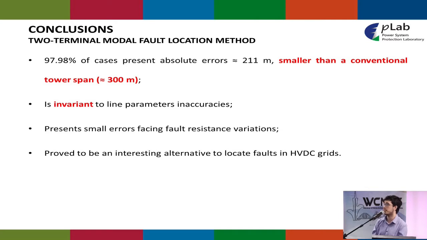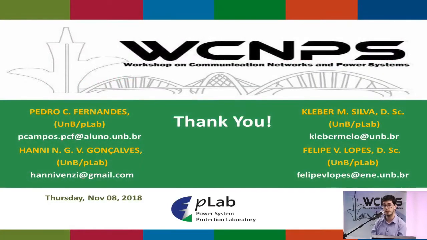The method is invariant to line parameter inaccuracies, and it also presents small errors facing fault resistance variations. Therefore, it proved to be an interesting alternative to locate faults in HVDC grids.